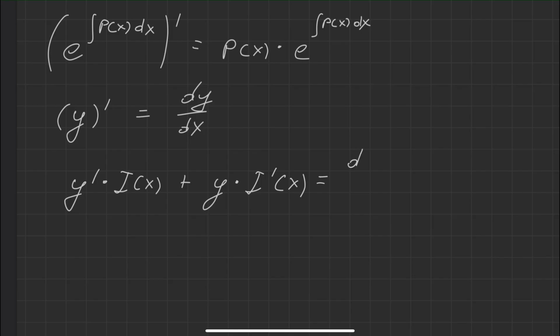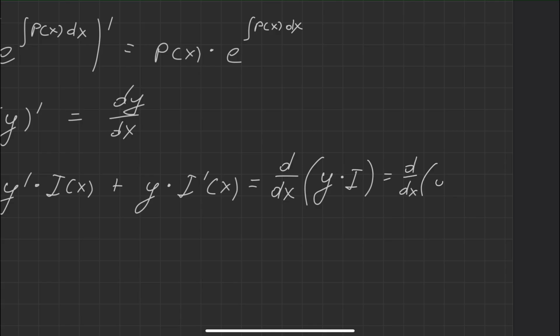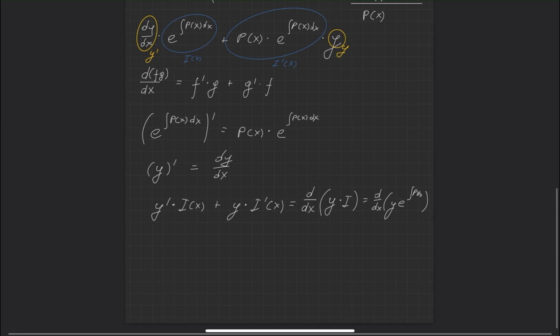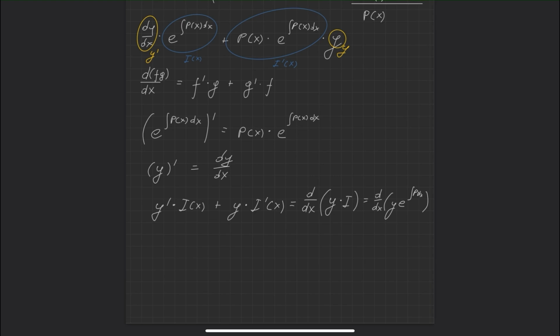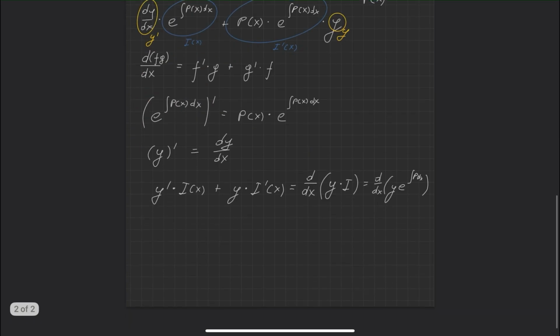So this is nothing else than the derivative of y times I, or if you prefer, y times the integrating factor, e to the power of integral p dx. So now we already know why we should multiply our function by the integrating factor, because it will be able to simplify our whole expression.